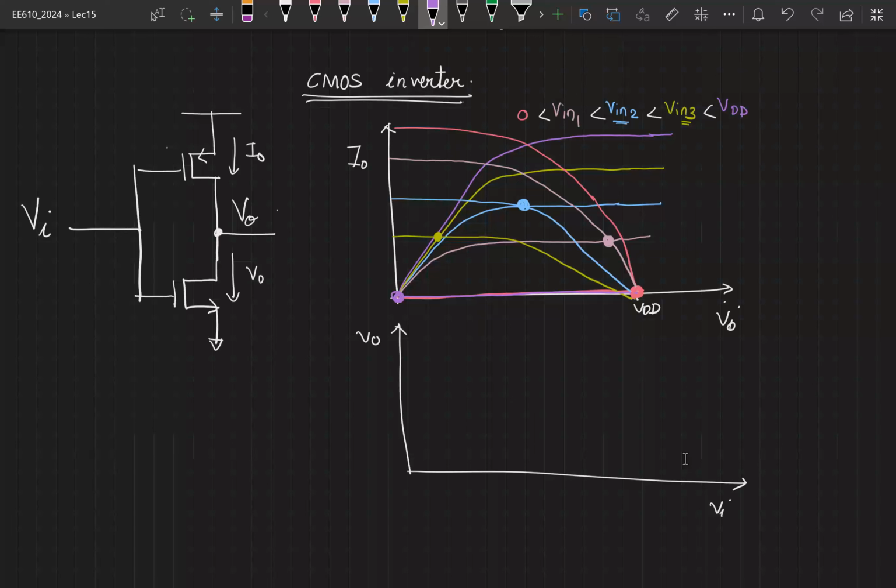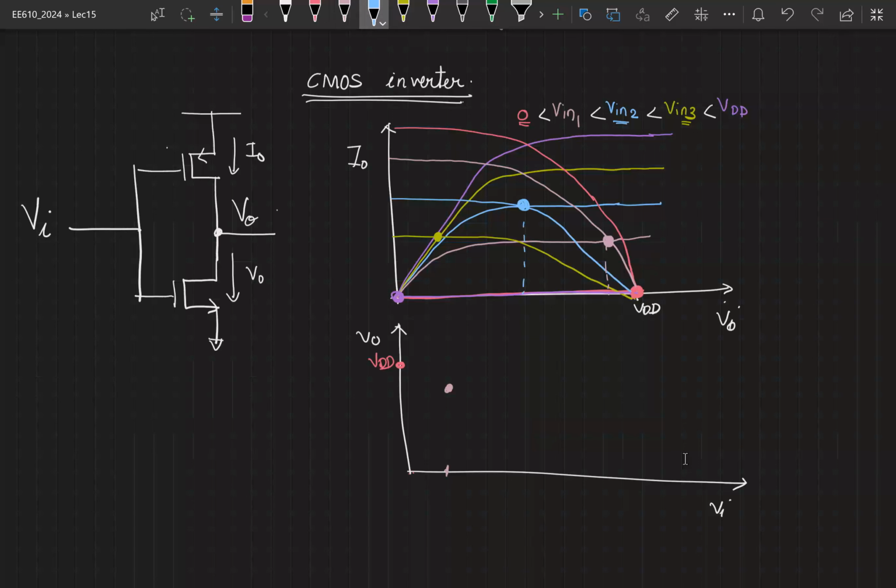Is that clear? Right? So now, Vin equal to 0, the intersection is at VDD. V0 is VDD. So Vin equal to 0, V0 has to be at VDD. For Vin1, the value is slightly lower than VDD. So if Vin1 was somewhere here, the value has to be slightly lower than VDD.